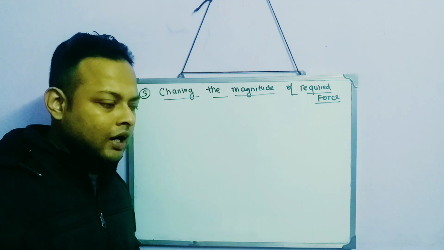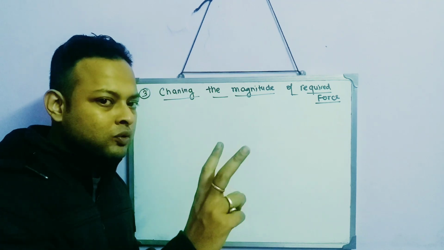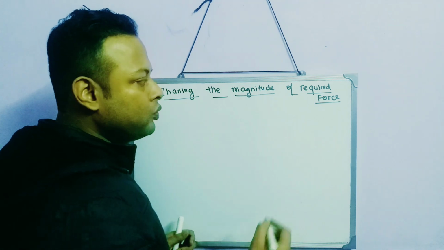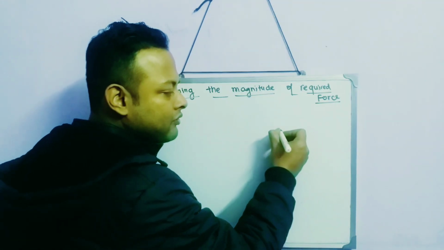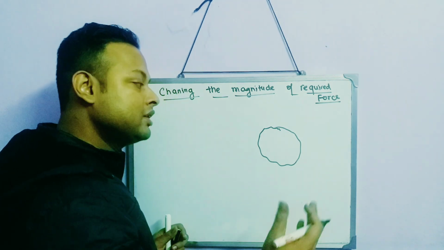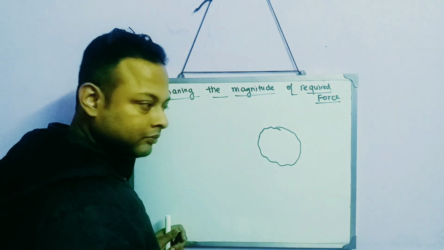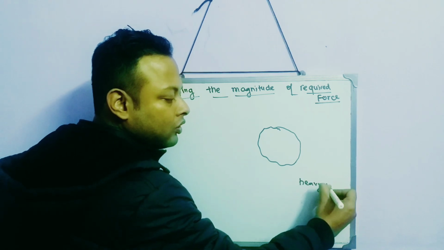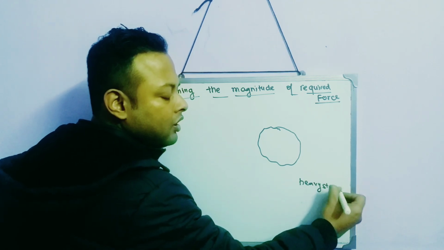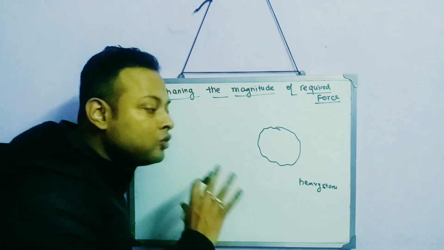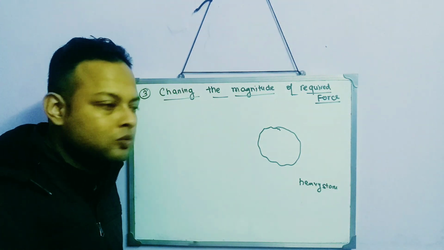Okay. Let's make you understand this thing by using two examples. So what we are doing over here, see, suppose I have a big rock. A very big rock. It is very heavy. So I can say this is a heavy rock or a stone. I want to lift this rock, or I want to move this rock to a different place.